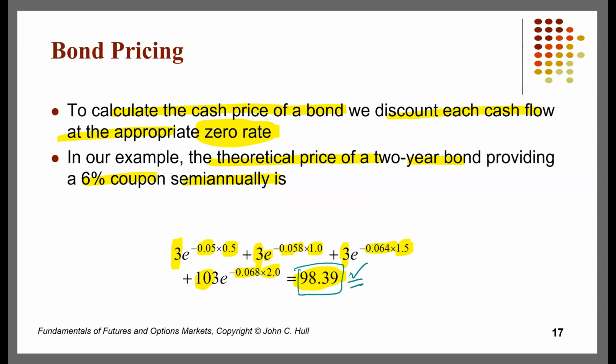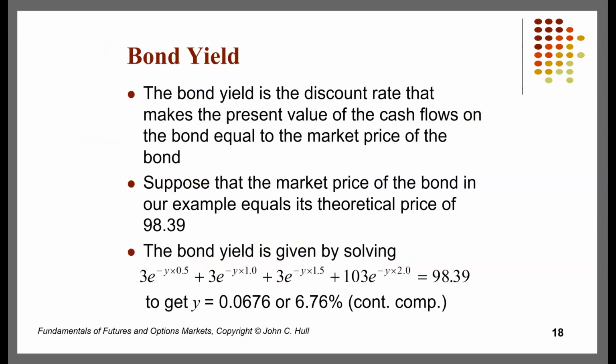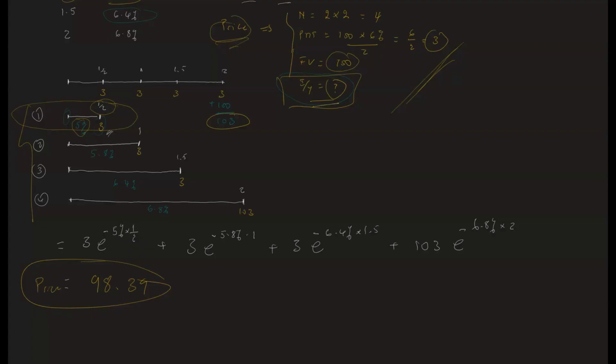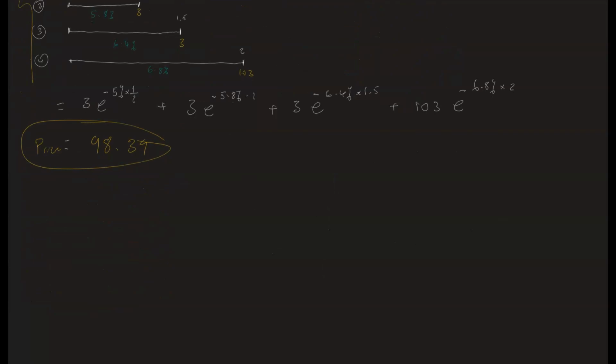The next question is, how do you go about finding the yield? Well, to find the yield, you set the present value of the cash flows equal to the price of the bond that you just found. The yield to maturity is going to be that constant rate that you use to discount the cash flows, so that the present value of the cash flows is equal to the price of the bond.